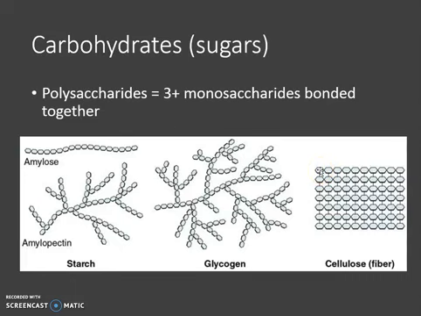So when you eat plants, when you eat a salad or something, and you eat the cellulose, this is actually what we more commonly call fiber. In our body, we actually lack enzymes to break it down, so it passes right through our gut and comes out the other end.